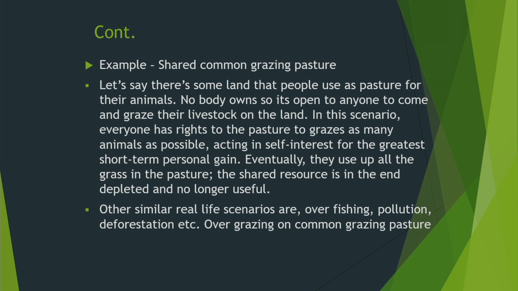But this particular idea posited by Garrett Hardin in some sense does not go without criticism. Some of the criticisms we can think about are that the tragedy of the commons is frequently cited in favor of privatization of public property.